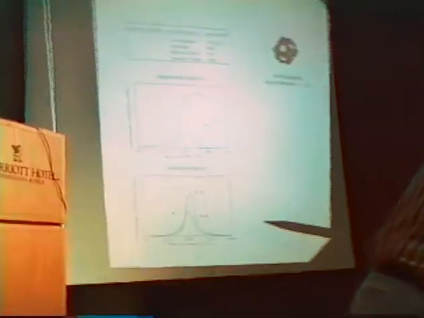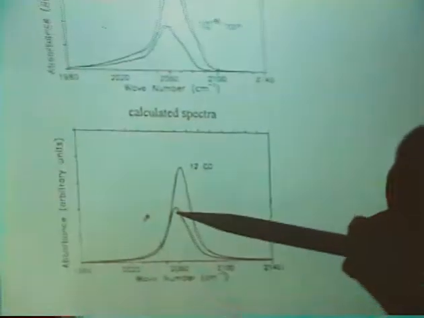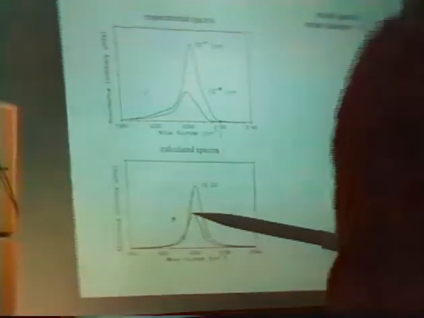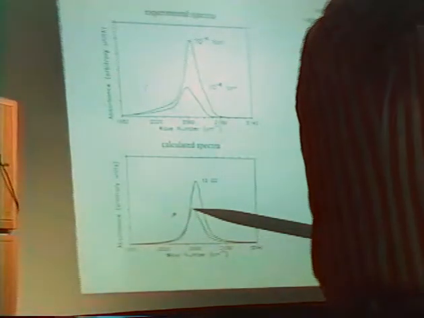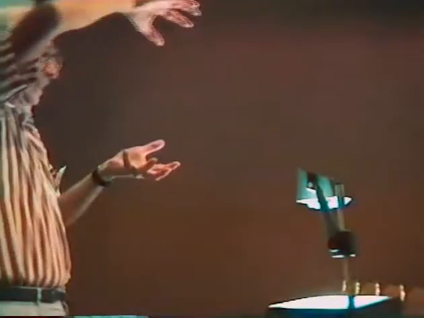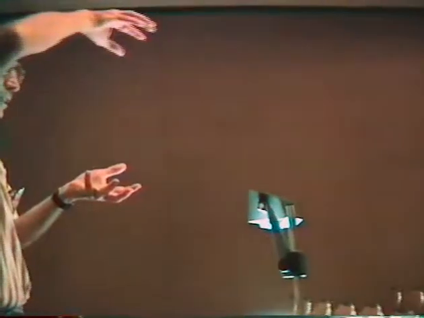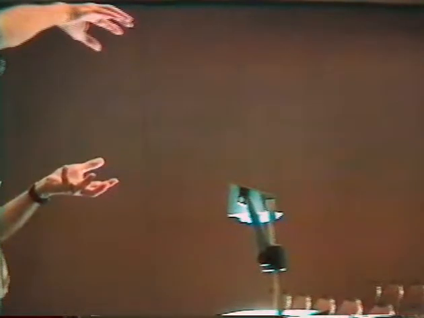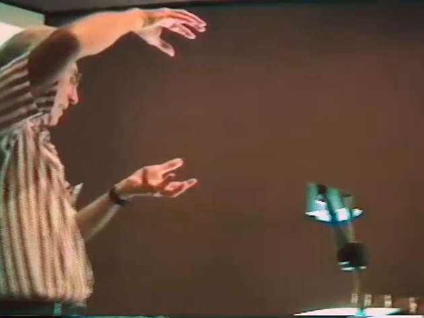And so we end up with a mode here at about 2060, which is that band right there. Now, if you have the same bunch of molecules spread over, let's think of it, 2 hemispheres, there is another mode. It's going to be weaker.